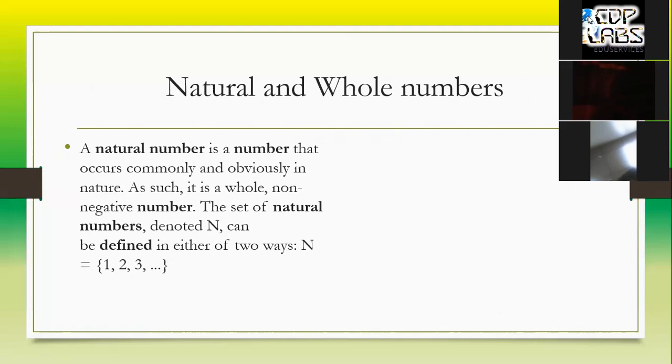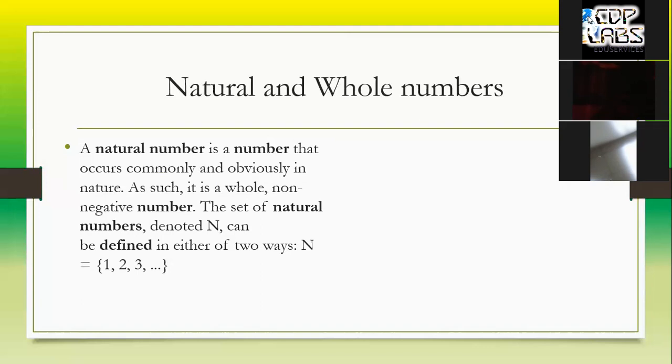Good. The word occurs here means happens commonly and obviously in what? Nature. Hence the word natural number. As such, it is a whole non-negative number, so all natural numbers are also whole numbers.